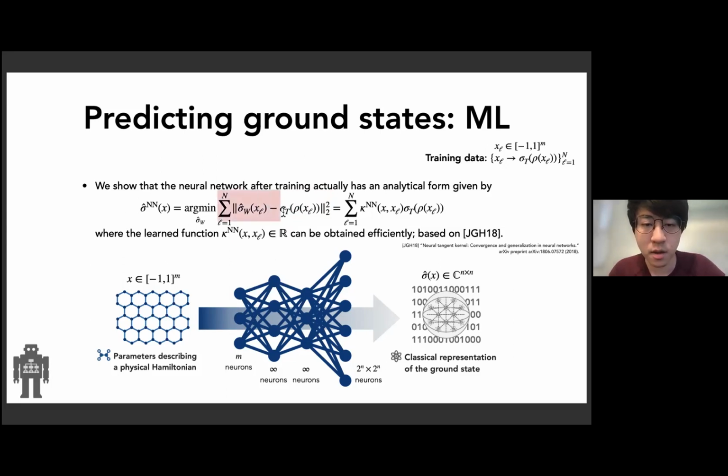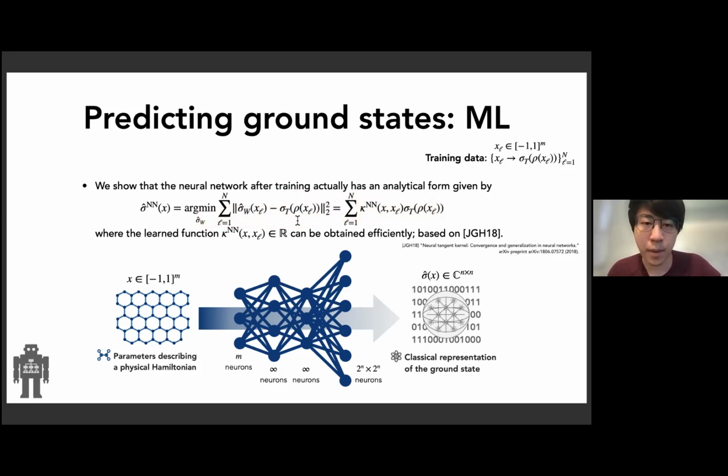Suppose we have this difference between sigma hat w and sigma t, and the goal of the neural network is that we want to train it such that this difference is as small as possible. So one could think of it as just trying to fit the training data. That is, for each example in the training data, the neural network has to match up with the output.